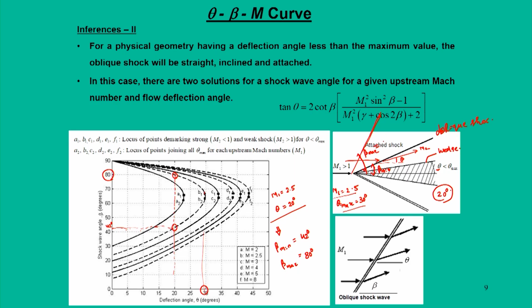So, one is 80 degree, other is 42 degree. So, here that says that for this case there are two solutions for a shock wave angle for a given upstream Mach number. One we call as a weak shock, other we call as a strong shock.